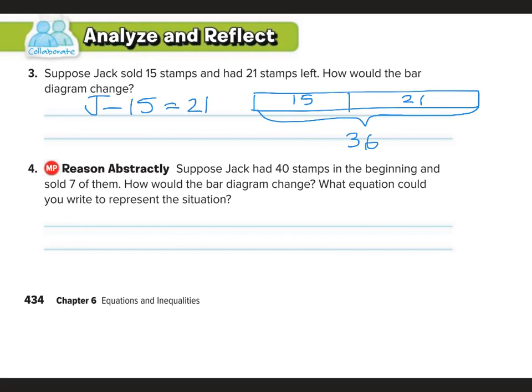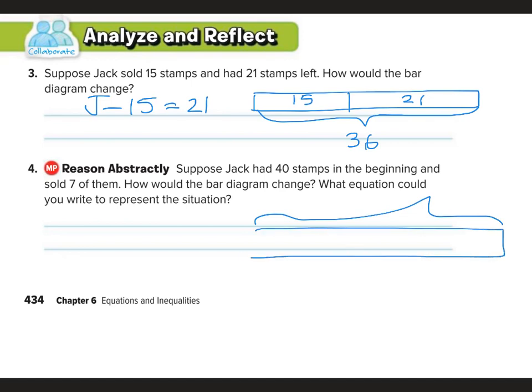Suppose Jack had 40 stamps at the beginning and sold 7 of them. How would the bar diagram change? Well, it'd be like this. Instead of 36, it would be 40 here.